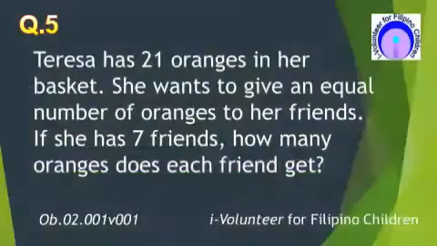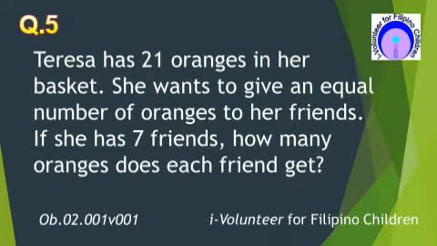Question number 5. Teresa has 21 oranges in her basket. She wants to give an equal number of oranges to her friends. If she has 7 friends, how many oranges does each friend get? I repeat.